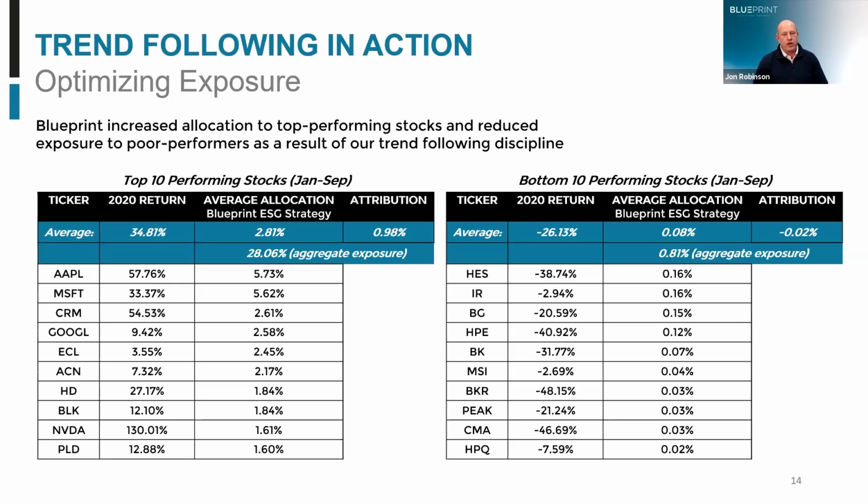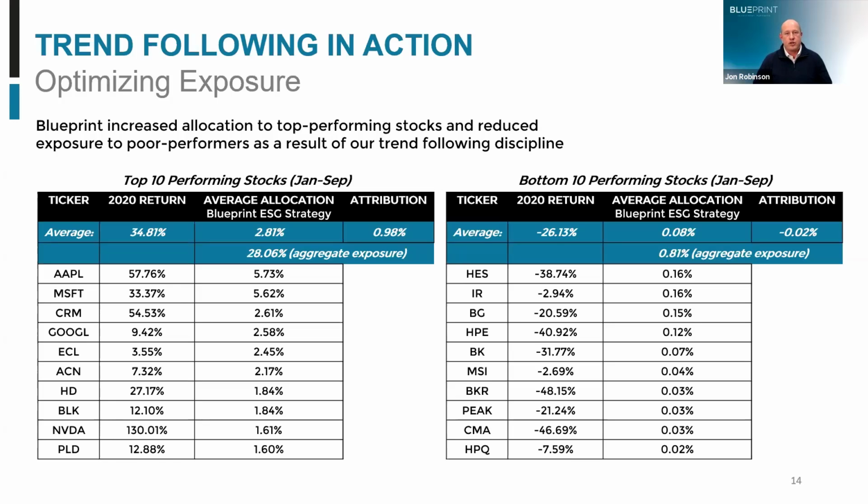And look, in some years the distribution is going to be more narrow, and we're going to reduce exposure less to the poor performers because there will be fewer of them that are in downtrends, like 2017 or 2019. But in a year like 2018 or even 2020, the disparity between the extremes, the better performers and the worst performers, is huge.